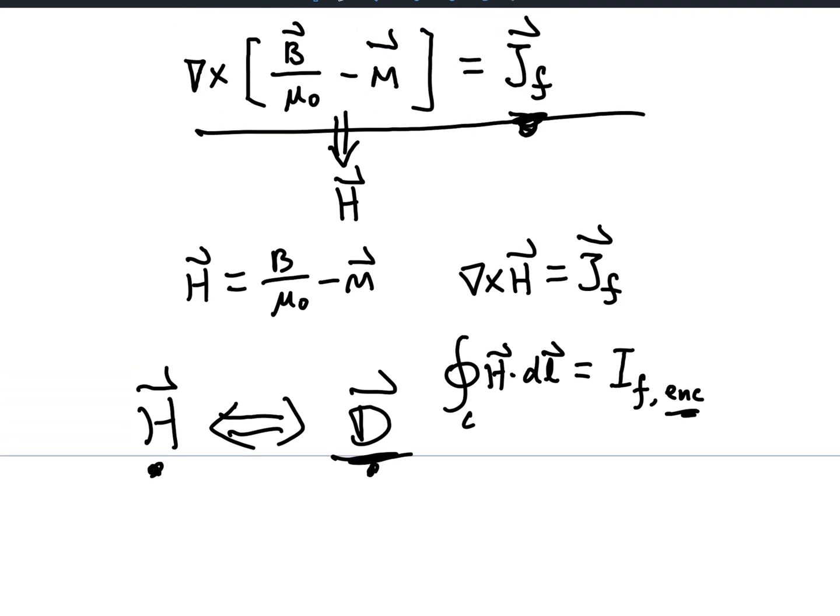And here we introduce this variable because we just want to write down Ampere's law in terms of the free currents. We can ignore all the bound currents and bound charges because they are often not easy to figure out.